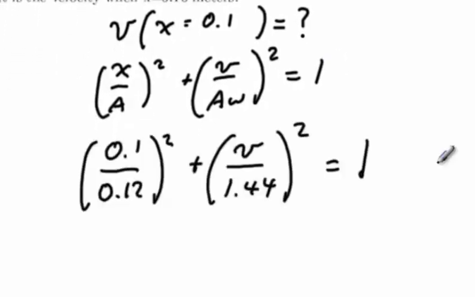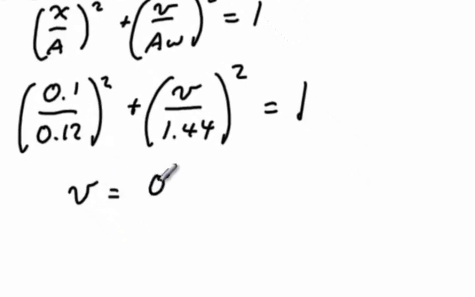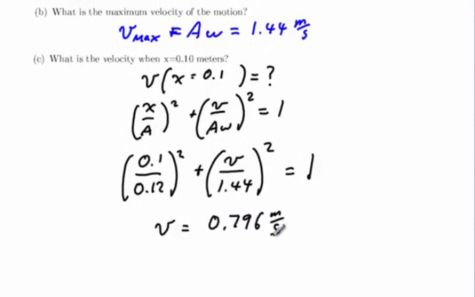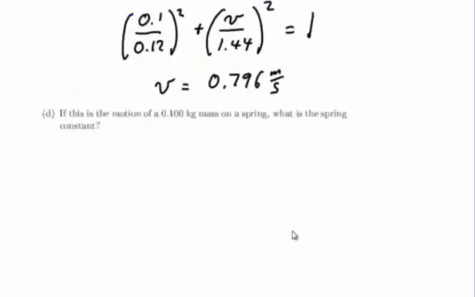Since we've already noted that the maximum x position is 0.12 and we calculated the maximum velocity to be 1.44, the only unknown in this equation is v, and v turns out to be 0.796 meters per second, below the maximum velocity as it must be.